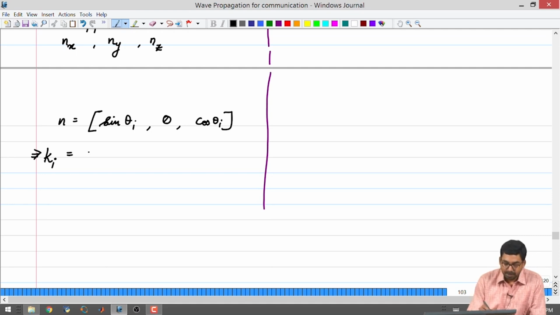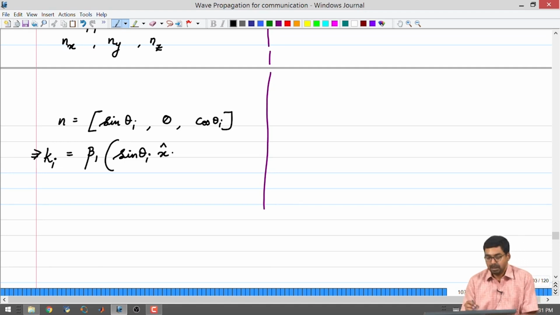So, we know that it is going to be beta of the first medium multiplied with some n hat. So, n hat has 3 components. Let us just write down these 3 components: sin theta I x hat plus 0 y hat plus cos theta I z hat.